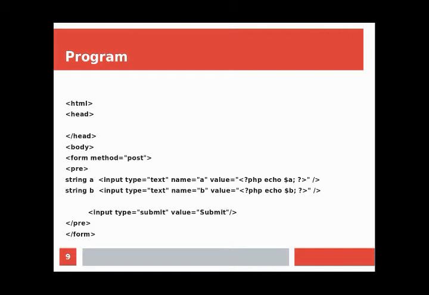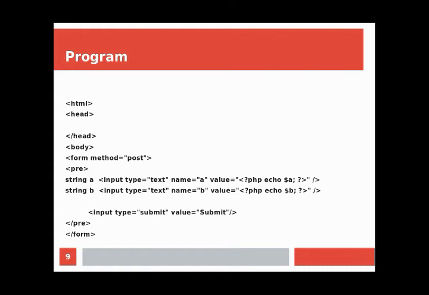Then next, string B, again we use the angular bracket, input type equal to "text", name equal to "B", and value equal to, again within double quotes we have taken the PHP program, start of PHP, that is less than question mark PHP, then the display statement echo $B, that means we display the value of B here, semicolon and end of the PHP tag and end of the HTML tag also.